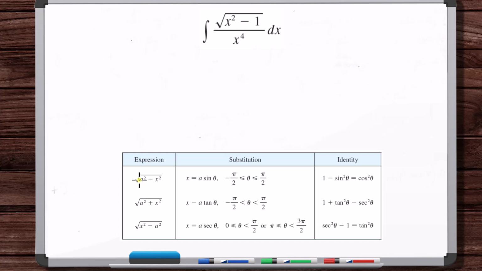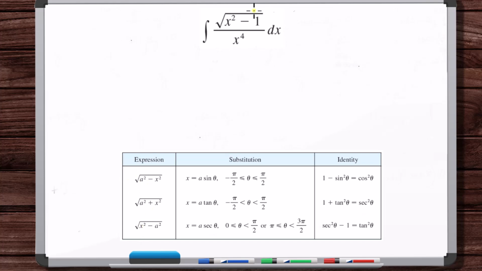Now these are shown under a square root because that's the most common scenario, but technically it's more about the a squared minus x squared term. Sometimes we might have an a squared minus x squared, not under a square root, but squared, and you could use a trig substitution in that case. But the most common scenario is you have this under a square root.